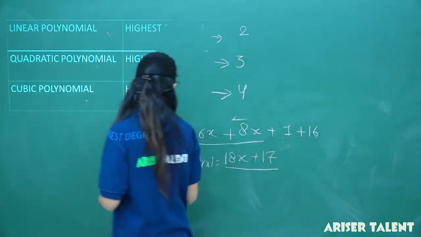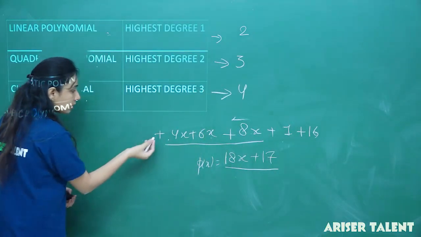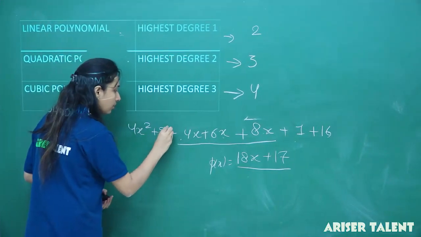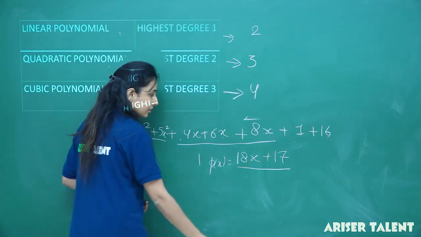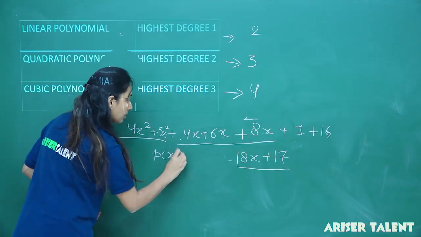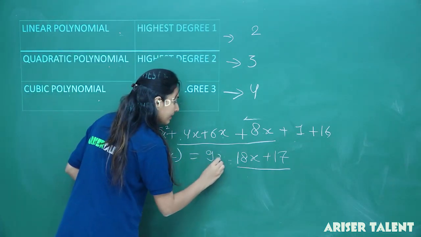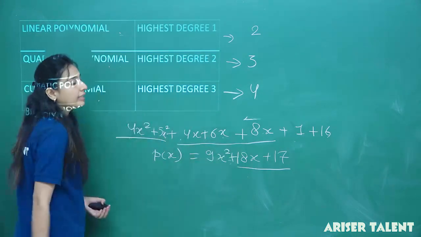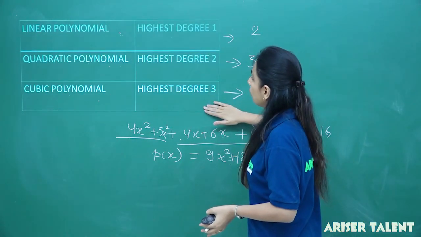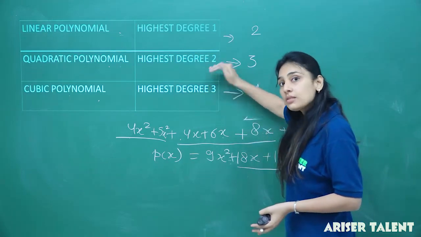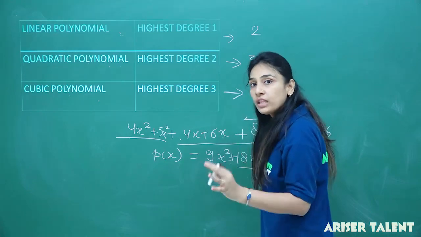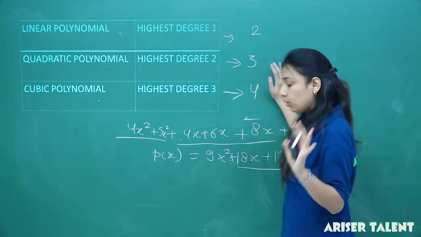In case we add some x square term, it will be written as a polynomial of x, that will be 9x square plus 18x plus 17. Same for this. So you will have your highest degree plus 1 number of terms in any polynomial. Okay.